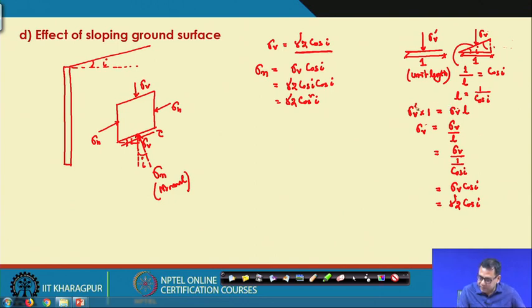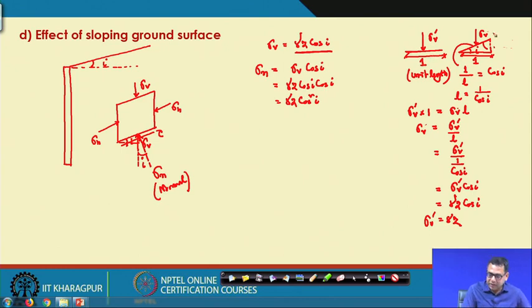This is sigma v dash, and sigma v is sigma v dash into L, so sigma v is equal to sigma v dash into L, sigma v divided by cos i, and sigma v dash is equal to gamma into z, which is acting on the unit length horizontal plane.